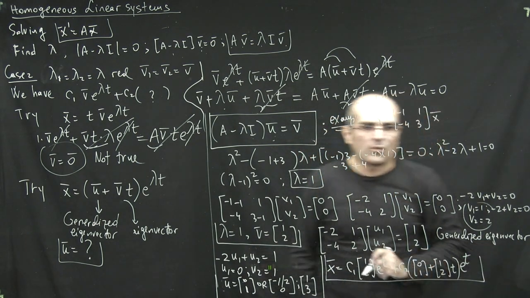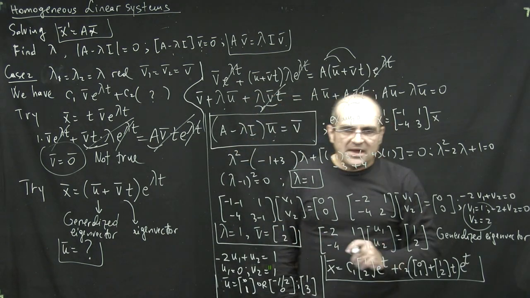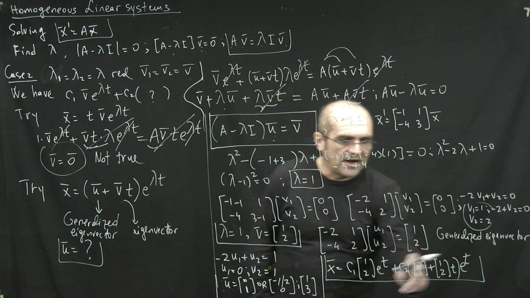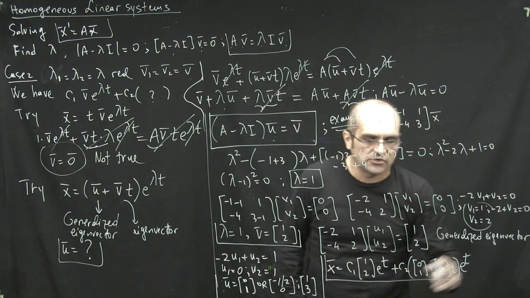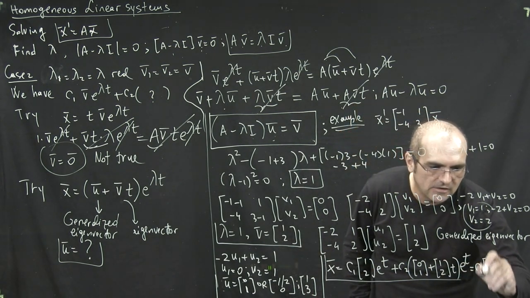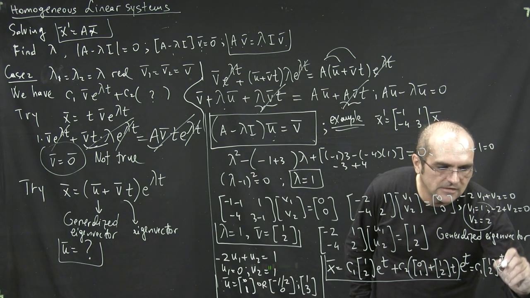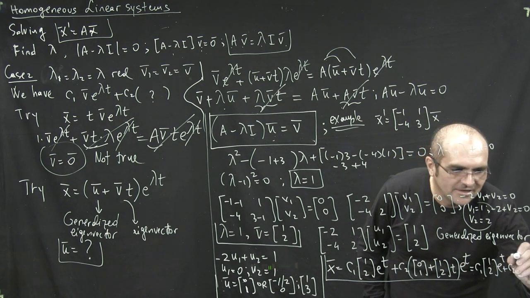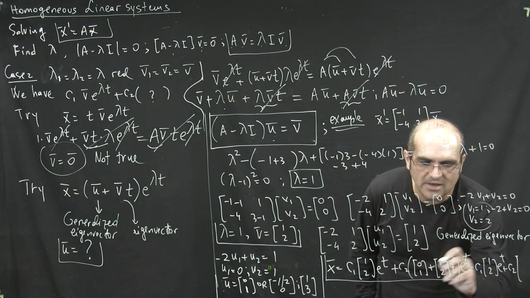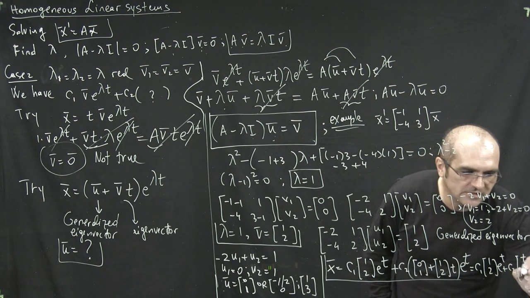So compare it with the formula sheet in your notes. You can make this a little bit more compact if you combine these parentheses into a single vector. So you could write it as c1 times 1, 2 e to the t plus c2 times 0 plus 1 times t, that's t, and then 1 plus 2t.